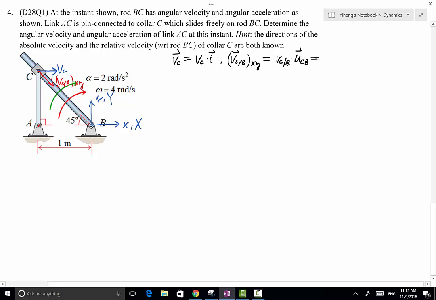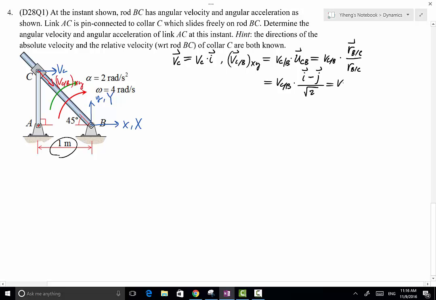According to the coordinate system we set up, it equals the position vector r from C to B, or B relative to C, divided by its magnitude. And r, B relative to C, equals 1 in the i direction, and then vertical down by 1 meter as well, minus j, divided by the magnitude, which is square root of 2.